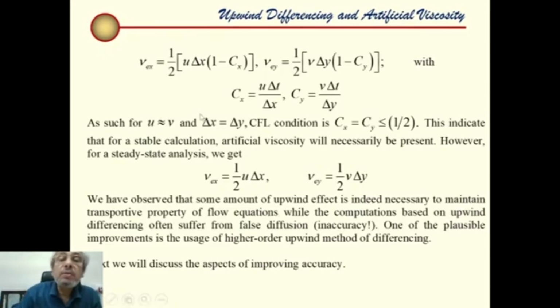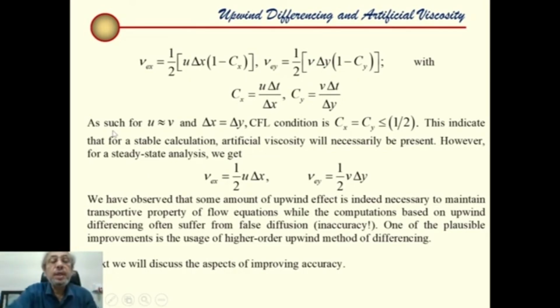So now this is the conclusion. Again, I am repeating this for the next slide also: the artificial viscosity in x direction has the Courant number in x direction, u delta t by delta x, and the artificial viscosity in y direction has the Courant number in y direction.